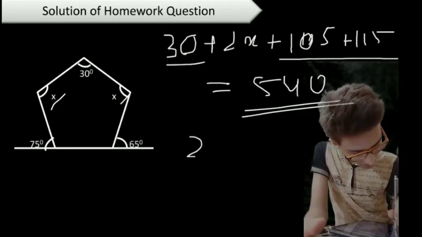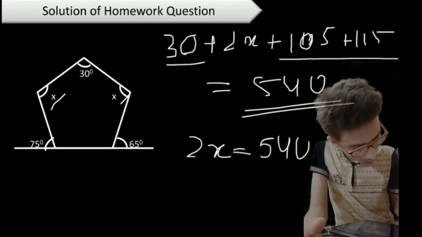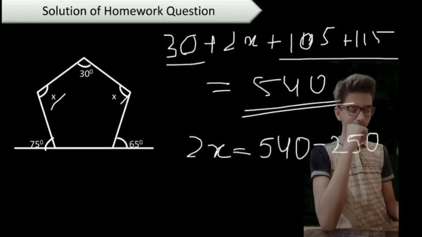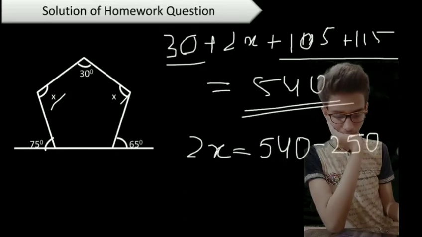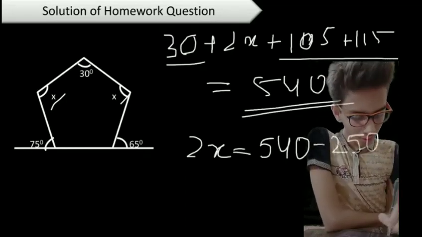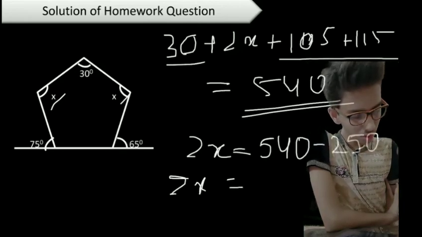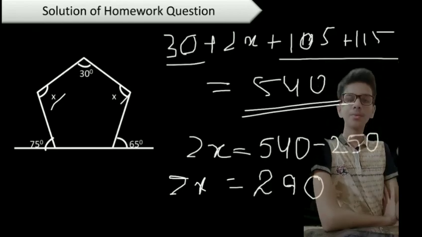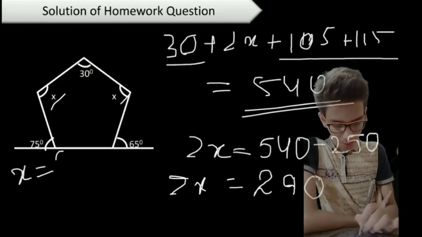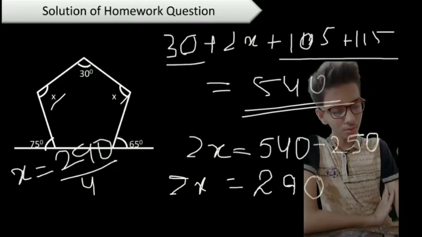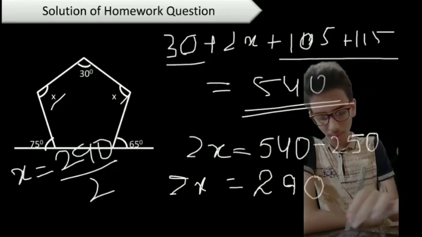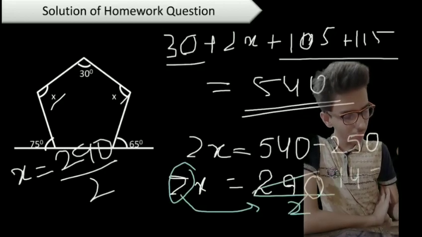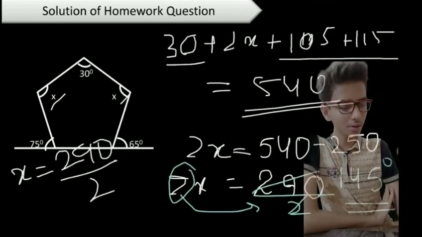So 2x plus 250 equals 540, so 2x is 290, and x will be equal to 290 upon 2, which is 145 degrees, which was the answer given by Weber Rastogi, right? And it is correct.